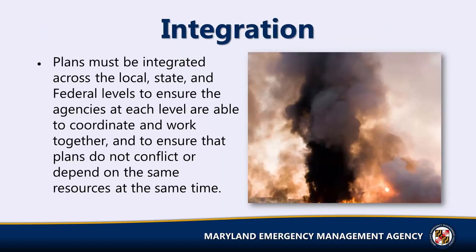Plans must be integrated across the local, state, and federal levels to ensure the agencies at each level are able to coordinate and work together, and to ensure that plans do not conflict or depend on the same resources at the same time. For example, an evacuation plan might designate specific routes that conflict with a neighboring community's evacuation route.